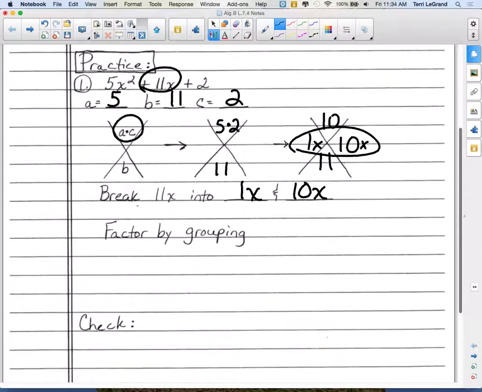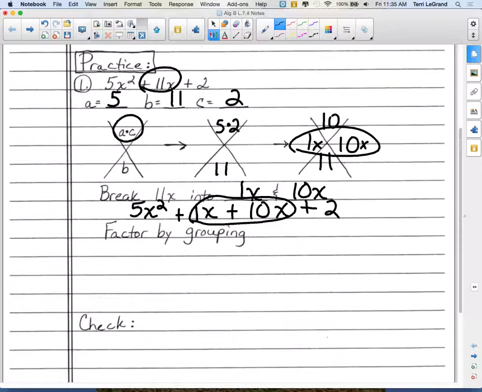So we're going to rename it as 5x squared plus 1x plus 10x. It doesn't really matter which one comes first, but we might as well follow the order in our notes. The 11x got replaced by this right here, and then plus the 2.